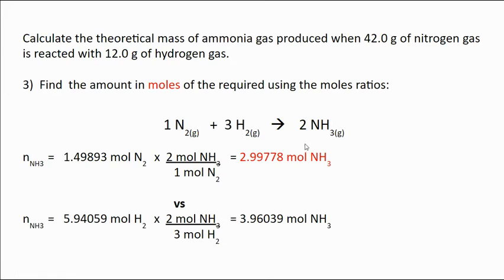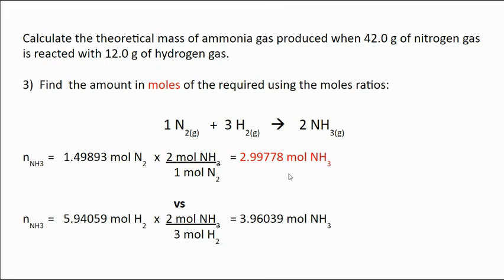And the ratio here, for every 2 moles of ammonia that I'm going to create, I would have needed 3 moles of hydrogen. So my mole ratio here is 2/3. What I'm trying to find up on top, what I'm converting away from, or what's going to cross out in terms of units, goes on the bottom. And now I have moles of ammonia and moles of ammonia.